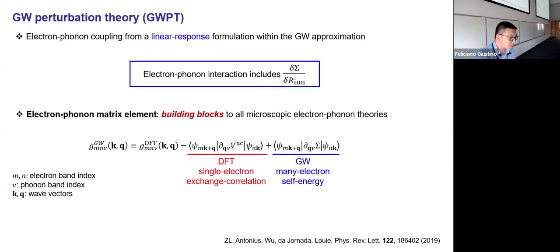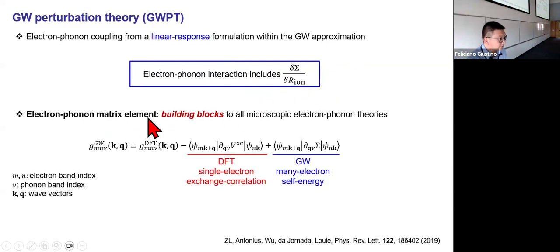It's a sandwich between two wave functions and the scattering potential, which is the change of the potential induced by the phonon. A few years ago, together with Professor Li, we developed this GW perturbation theory to compute electron-phonon coupling within this linear response formulation and within the GW approximation. The key ingredient here is that we need to construct and calculate the linear response, or the derivative, dΣ/dR, where Σ is the GW self-energy and R is the atom position of all atoms within a unit cell.